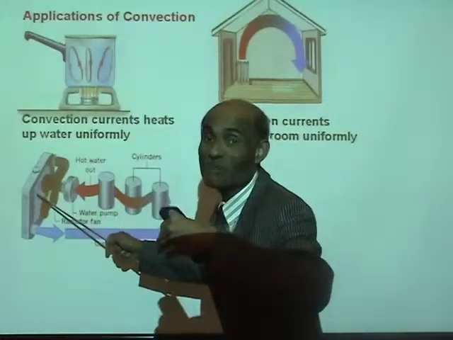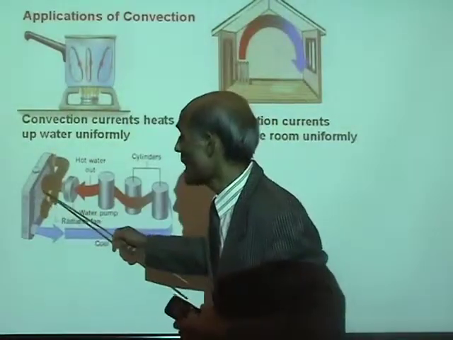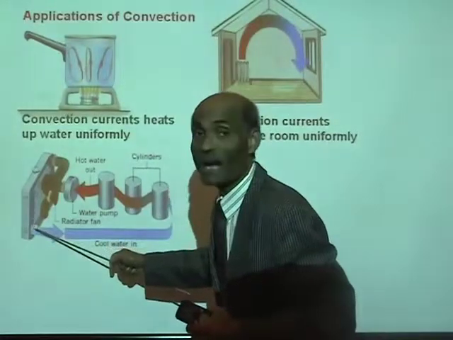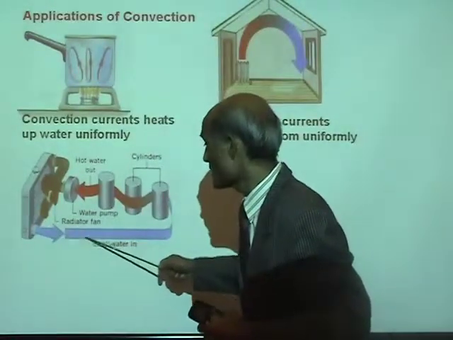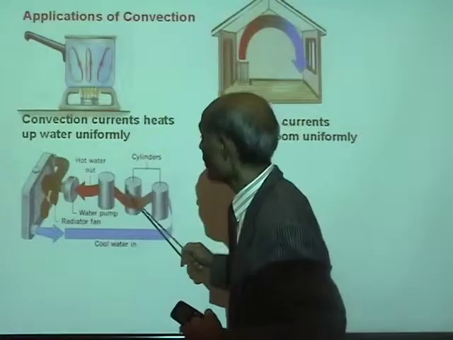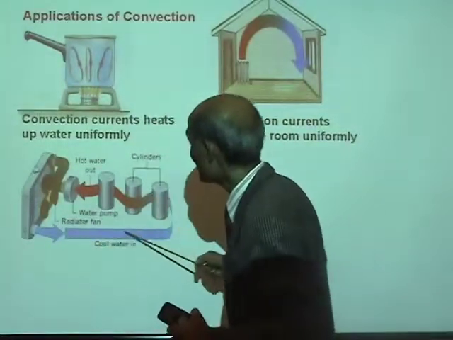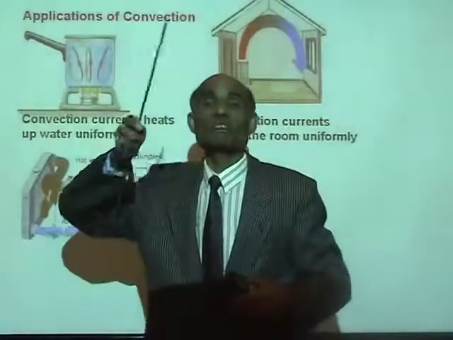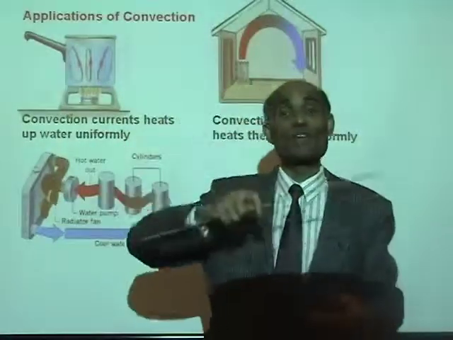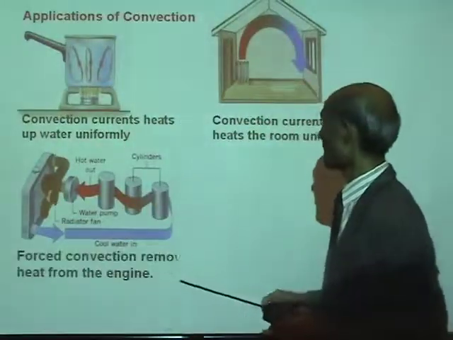The radiator will allow the heat to escape, and the water cools down and returns. You see, the warm water rises, the cold water sinks, and you have a convection current cooling your car engine.